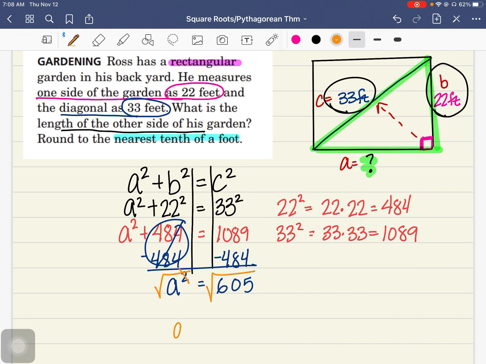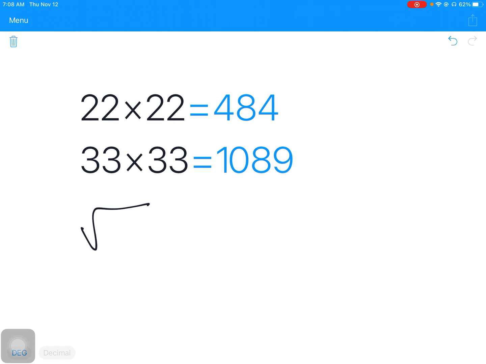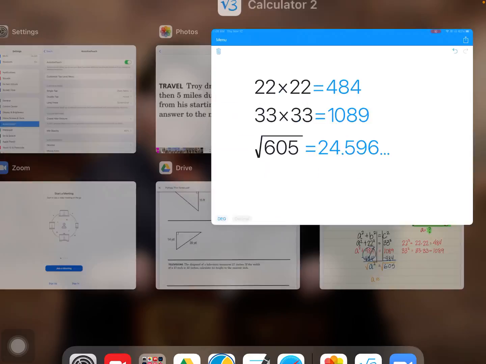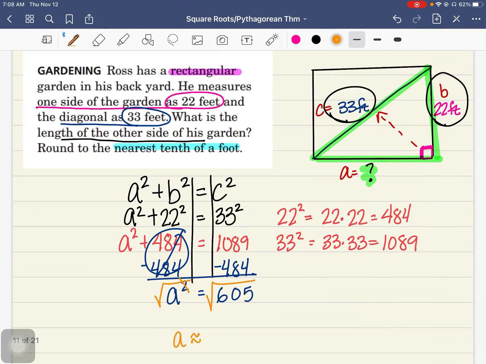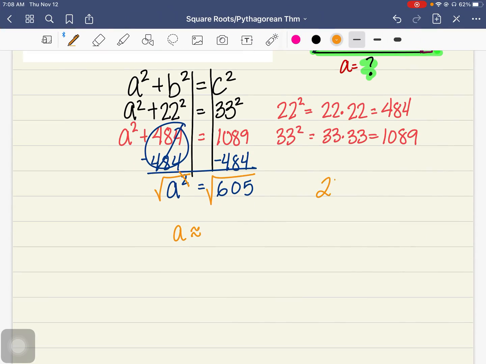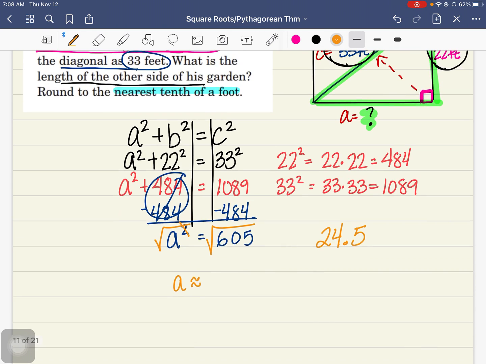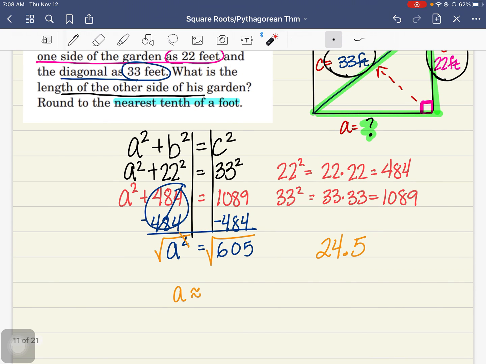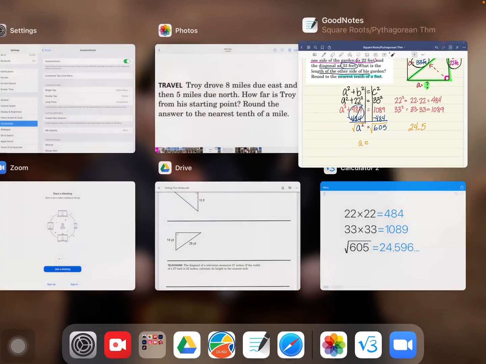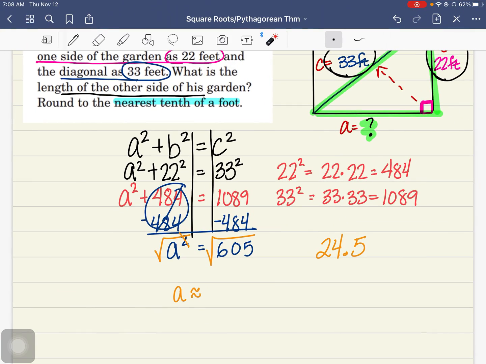And we get that A is about equal to, let's see what the square root of 605 is. It's about 24.5 something. Remember, they want us to round to the nearest foot. Oh, nearest tenth of a foot. Oh, I need to go out one more decimal point. 24.59.